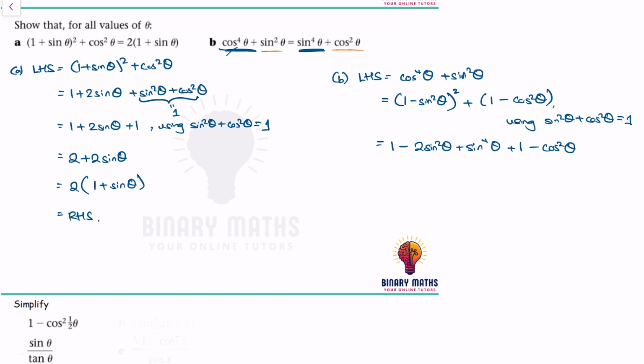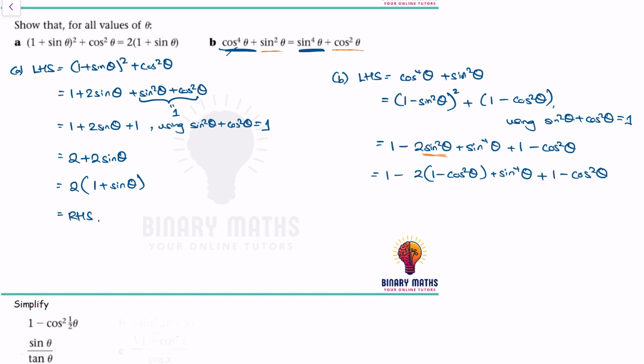If I look at it, I still have this sine squared theta that I don't want on the right hand side. So let's try to eliminate that now. So I get 1 minus 2 lots of 1 minus cos squared theta plus sine to the power of 4 theta plus 1 minus cos squared theta.